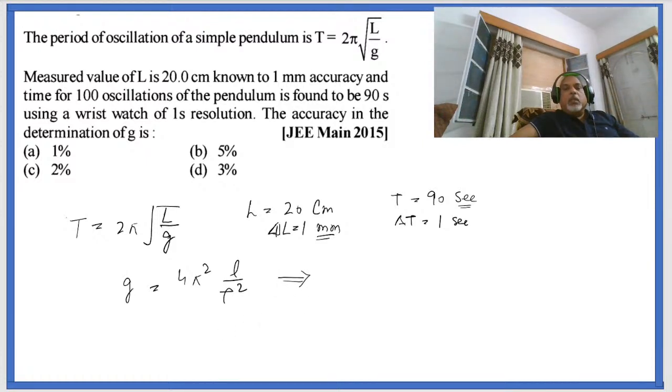This we can write it as... now here the accuracy they have asked in percentage and this formula will become delta g upon g.